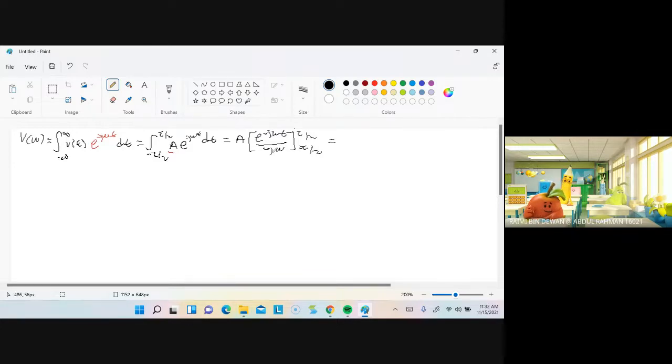You take out this A over negative j omega, and then what is left inside is the exponentials. You take out the negative. Maybe I should write it like this so that it's clear.